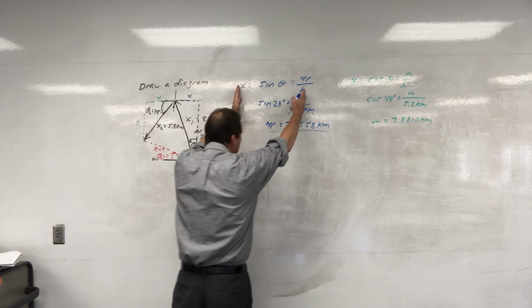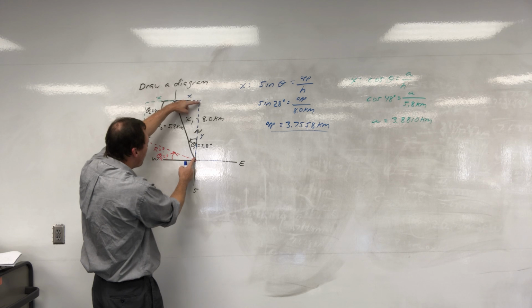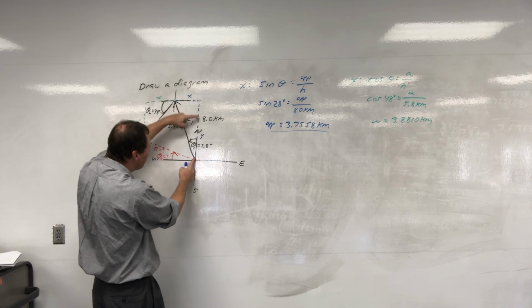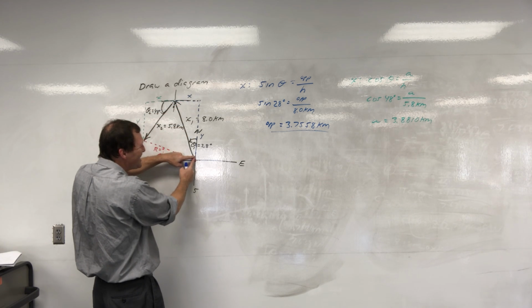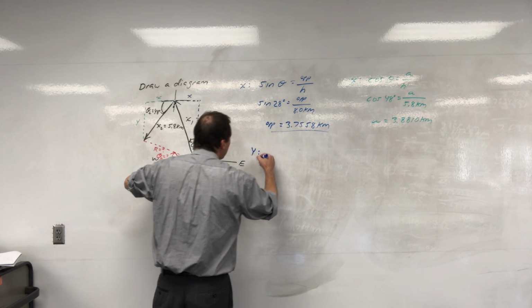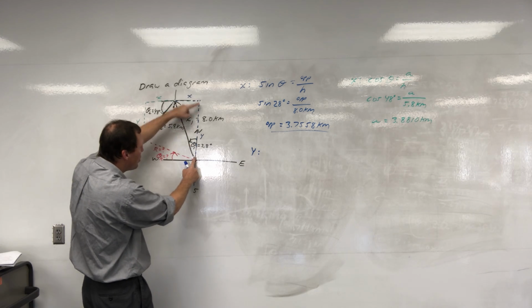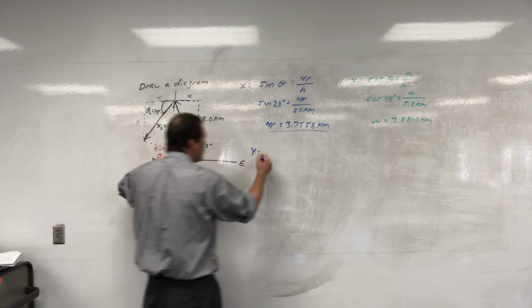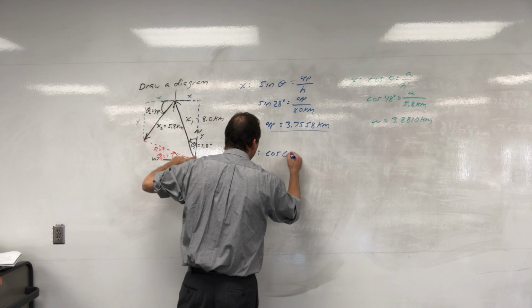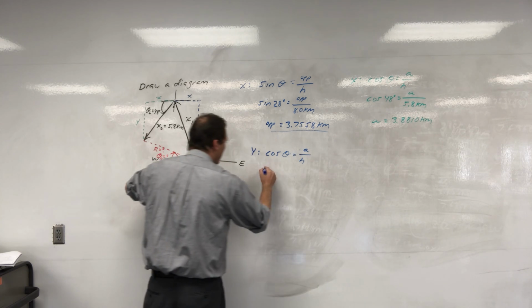So let's go back to this blue triangle right here. And I want to try to find this y component right here. That y component is the adjacent side. So in order to find that adjacent side, that y component, I'm going to use the trig function cosine theta equals adjacent over the hypotenuse.